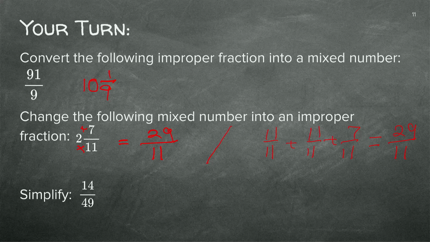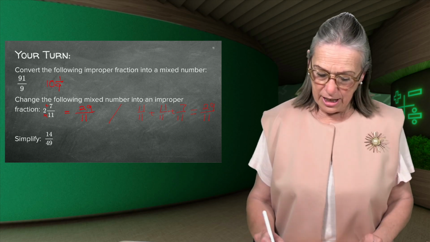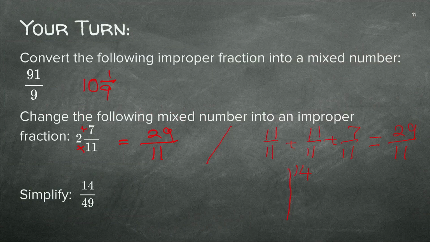Okay, so we are going to find the HCF of 14 and of 49. So let's do the prime factorization method. I'm doing this just to remind you how to do it. We start with the lowest, we go into it, 7. We know 7 is a prime number, so we're not going to look further.